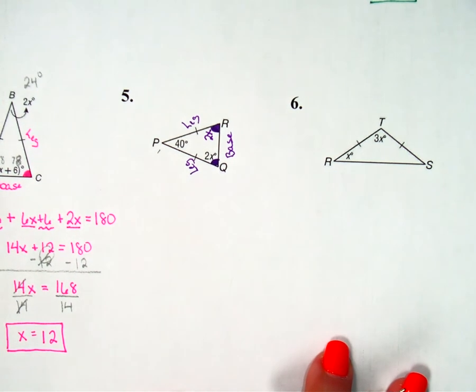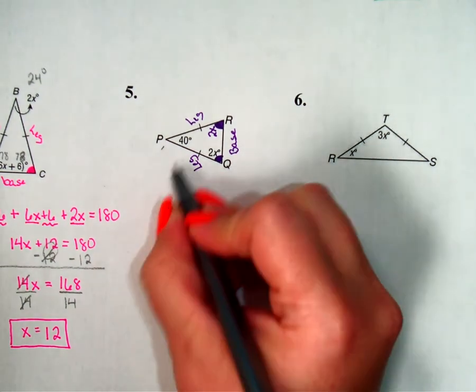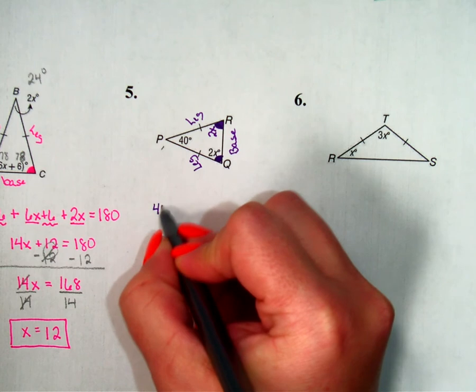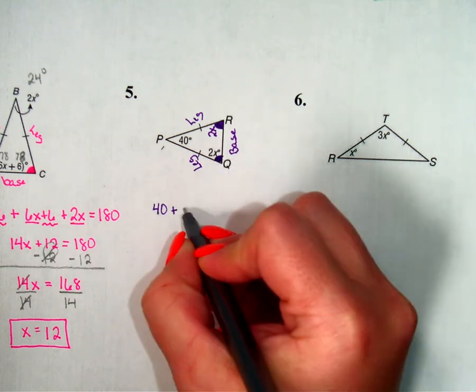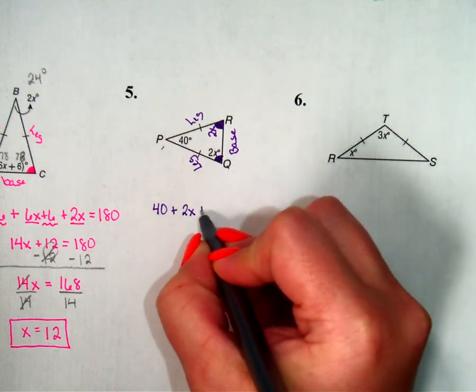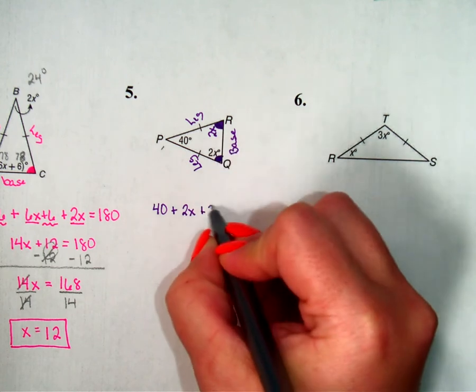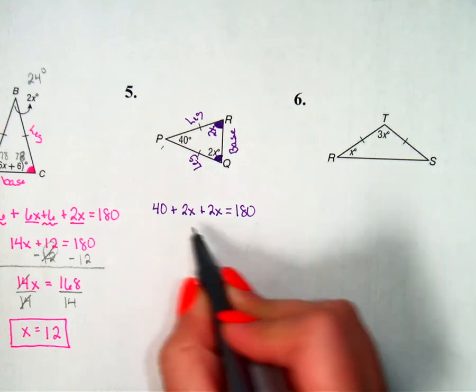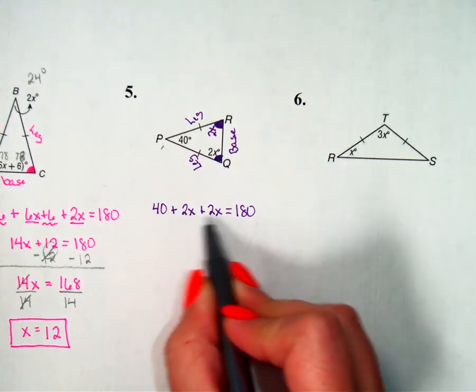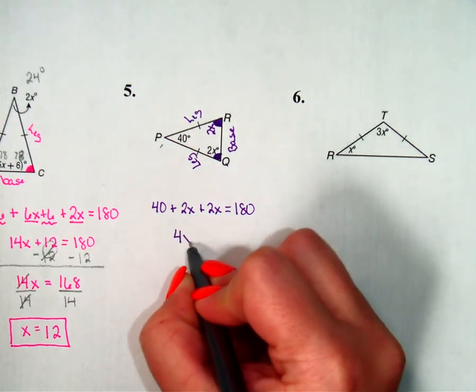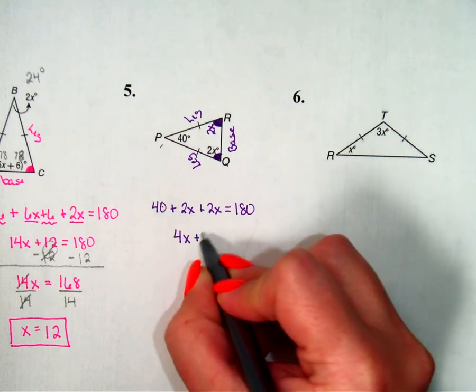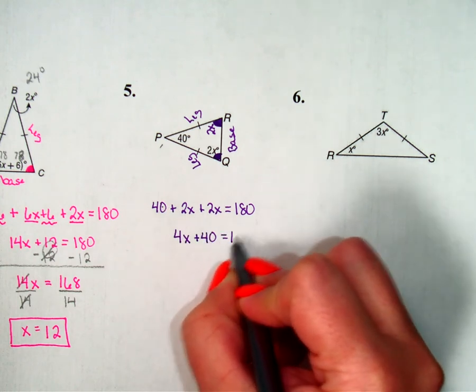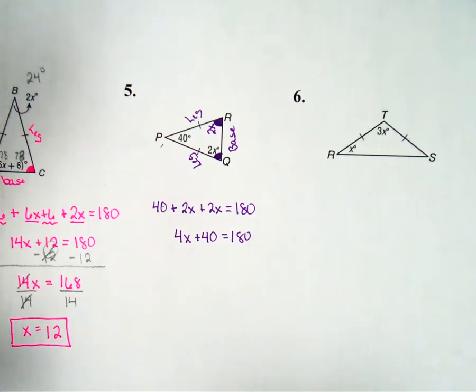Okay, so again, the 3 angles in the triangle add up to 180 degrees. So my 40 plus the 2x plus the other 2x equals 180 degrees. I'm going to combine these two like terms. 2x plus 2x is 4x. I have this positive 40 equals 180.